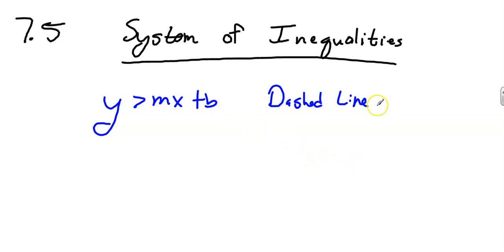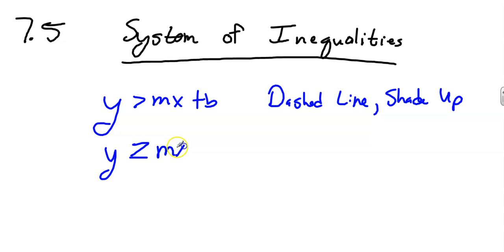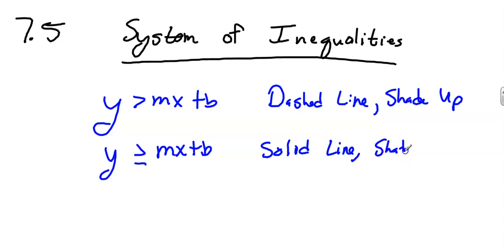And with the dashed line, because it's y greater, you would shade up. If it's y greater than or equal to mx plus b, the difference is it's going to be a solid line. But again, you still shade up.